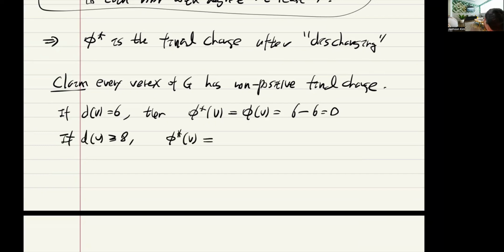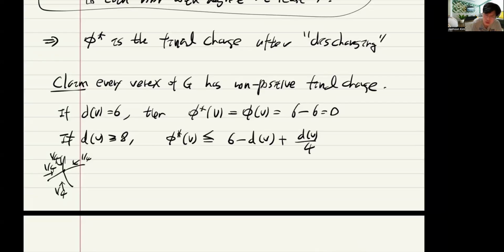The initial charge is 6 minus degree, and then from each neighbor, you get at most 1/4. So it's at most this, and the degree is at least 8.